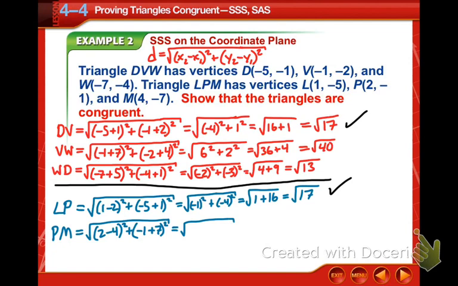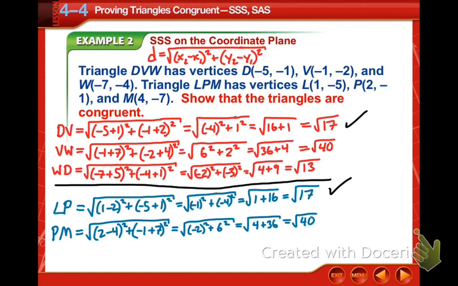So 2 minus 4 is negative 2, plus negative 1 plus 7 is 6. Negative 2 squared is 4, and 6 squared is 36. So we do get our square root of 40.